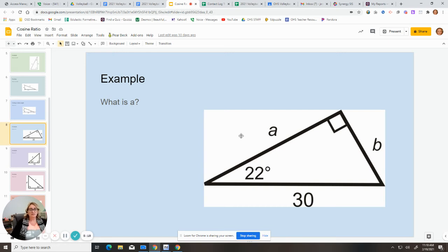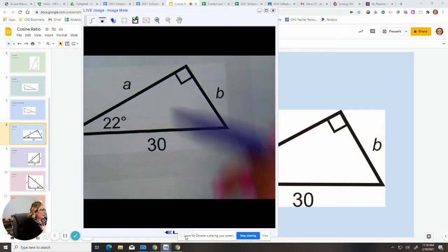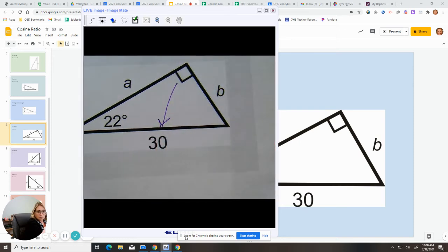Okay, so for this next one, we're going to do the exact same thing. We are going to be looking for what A is equal to. So first thing we have to do is identify our hypotenuse. In this case, our hypotenuse would be 30.